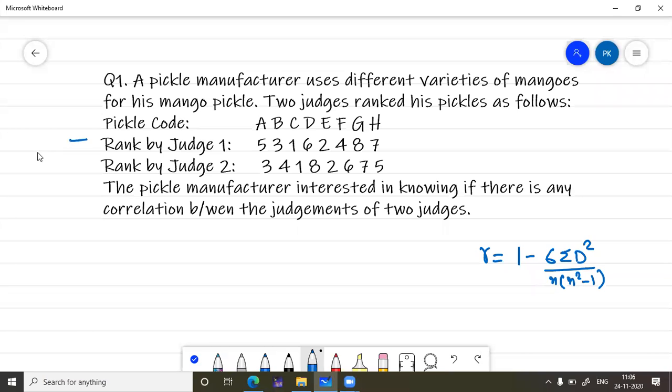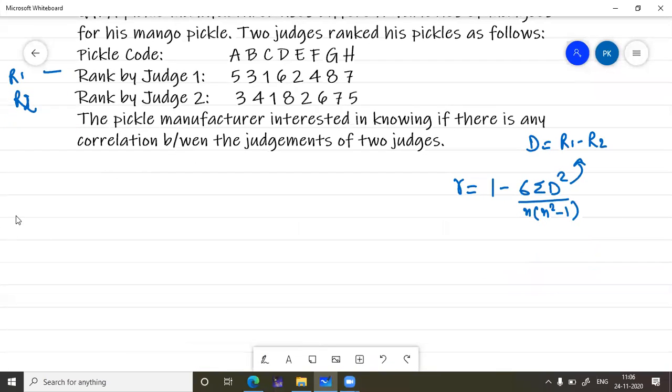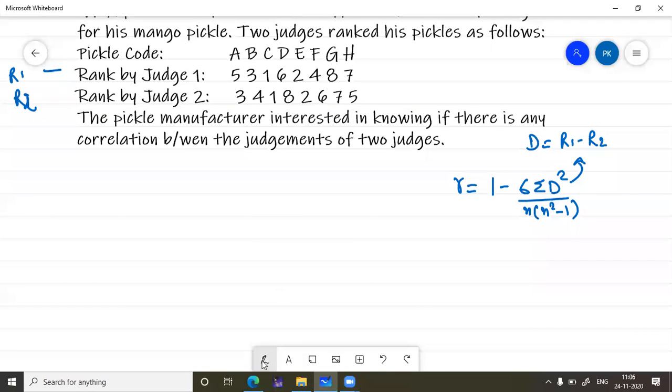We say this is rank 1 and this is rank 2, and D denotes the difference between the ranks, meaning R1 minus R2. Is this clear? How to evaluate it?